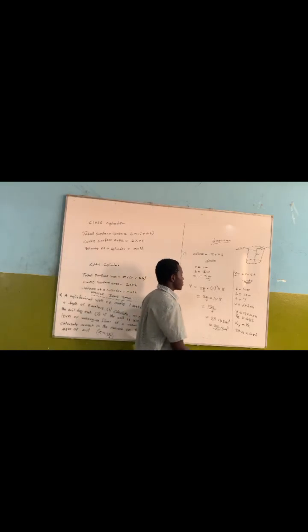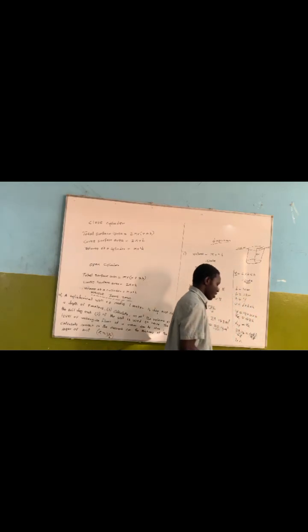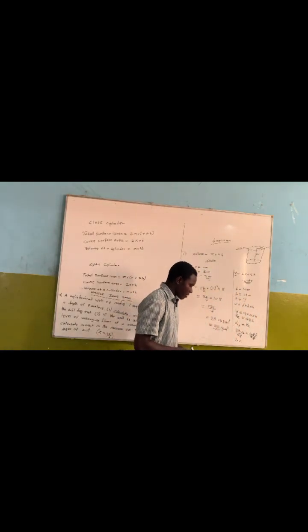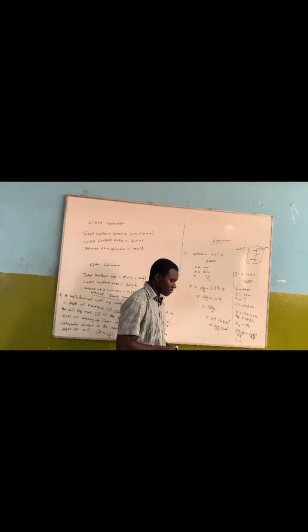If I divide both sides by 48, the height will be 25.14 divided by 48. That will give us 0.5237, let me just say 0.524. It is in meters because everything is in meters.